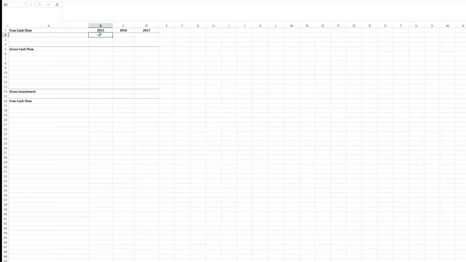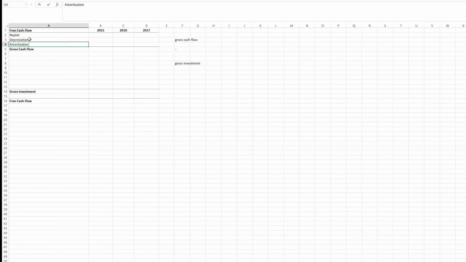Okay? So what we say is that free cash flow is gross cash flow minus gross investment, where gross cash flow is equal to NOPLAT plus depreciation and, let me actually write it out, depreciation and any amortization that is above the line.